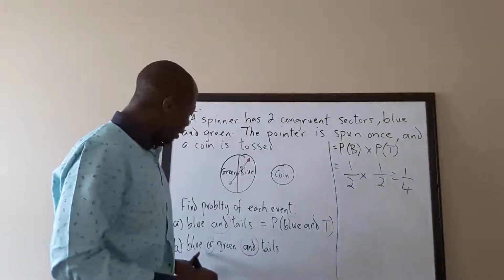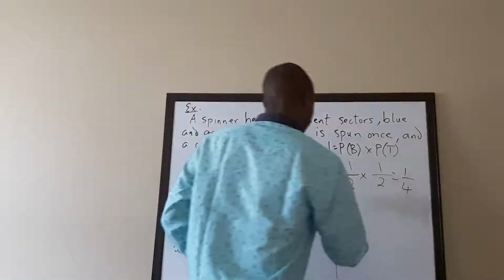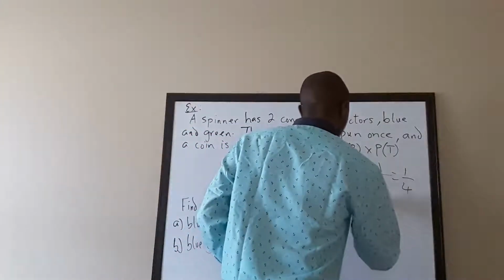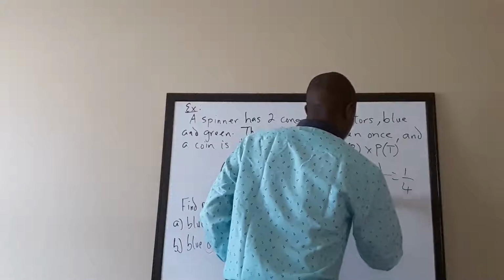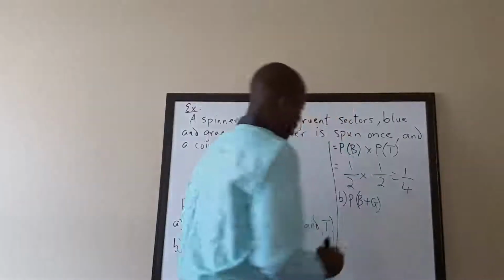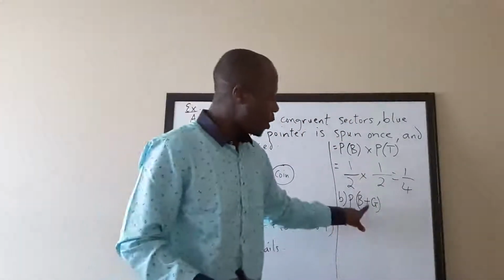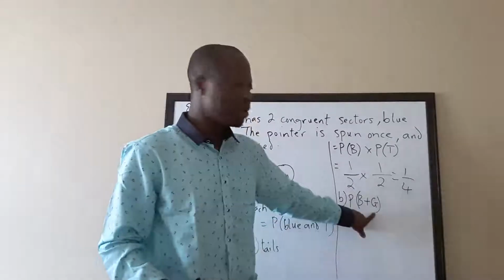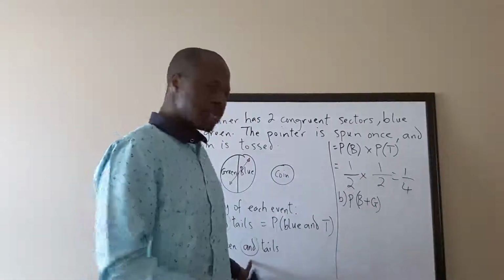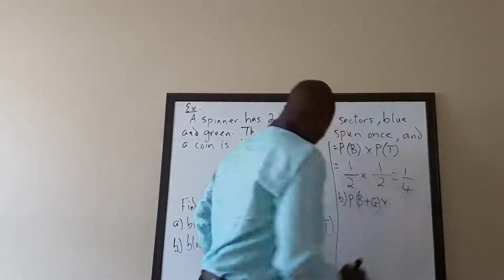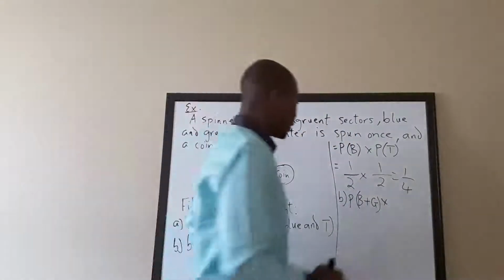The probability of blue or green, remember, or is plus, blue or green, and times the probability of tail.